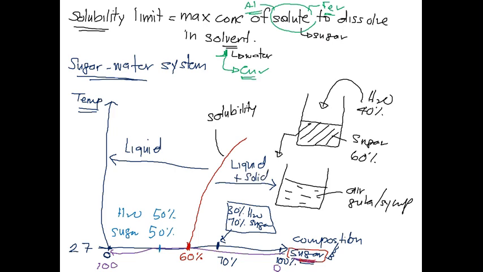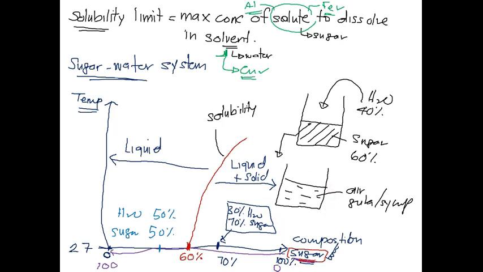Dia bukan solid phases but both phases. Kan? Faham ah? So towards on your left will be liquid phase. Towards on your right, you will have two phases, liquid and solid. Tak percaya, you boleh try kat rumah. So maksudnya bila you tambah lebih lagi, so you won't get a homogeneous air gula.